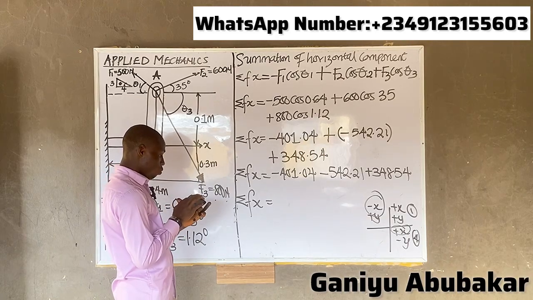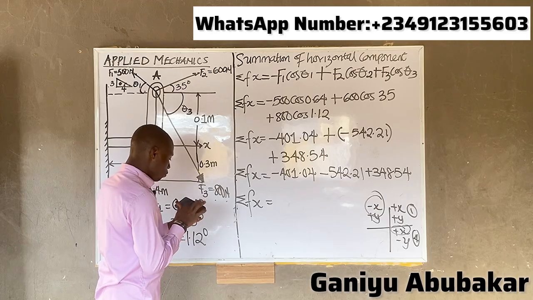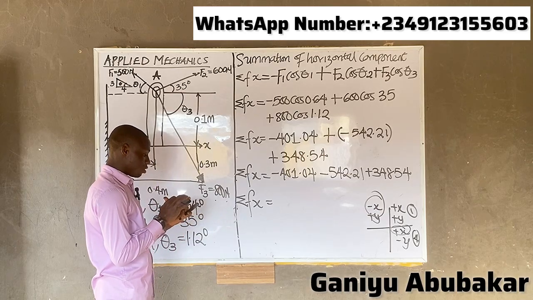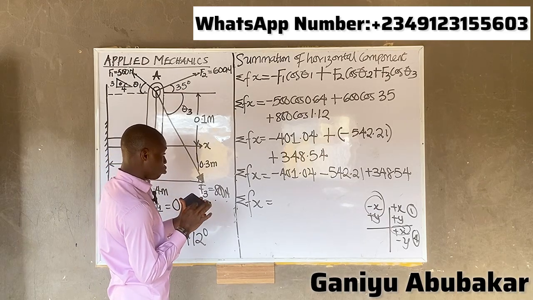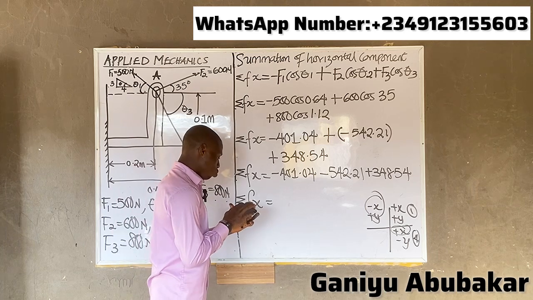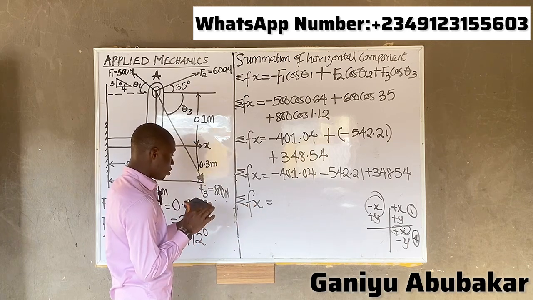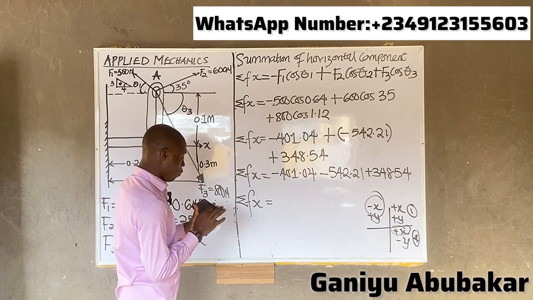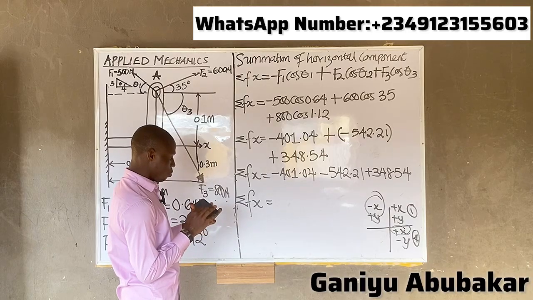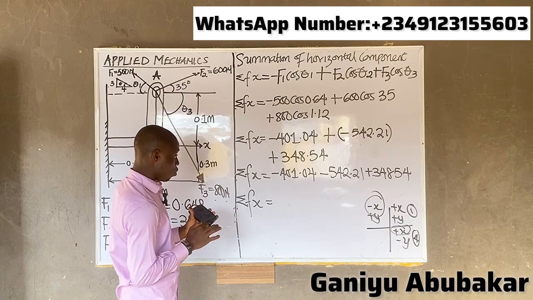Negative 401.04 minus 542.21, then plus 348.54.